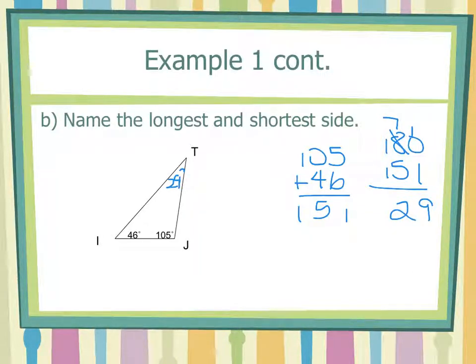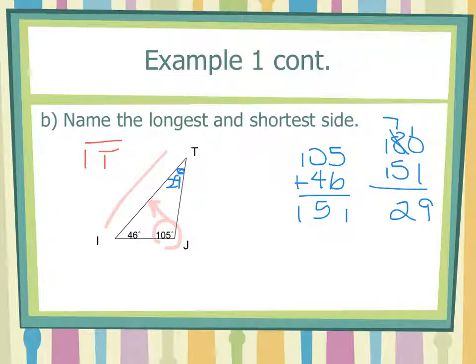That really made a difference, because if I would have answered my question using only 46 and 105, I would get the wrong answer. So I can see that the longest side is obvious. It's across from the 105, and it's going to be IT, because it's opposite the 105. So the longest side is IT.